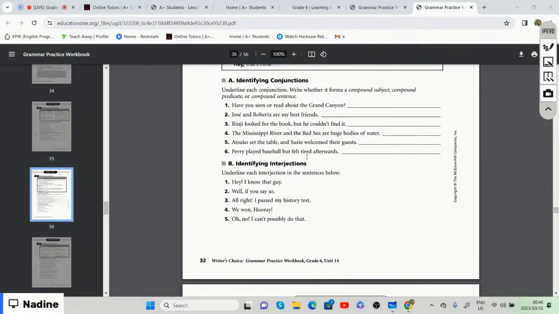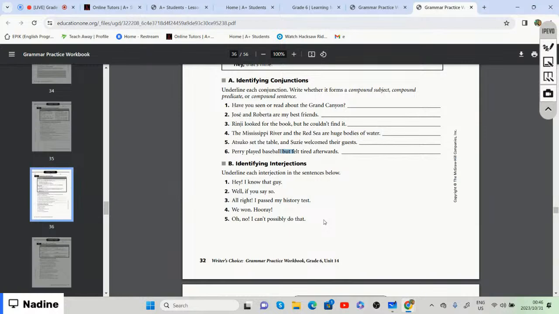So we say Perry played baseball, but there we have but, which is our coordinating conjunction. So we said coordinating conjunctions connect words, phrases, as well as simple sentences, right?